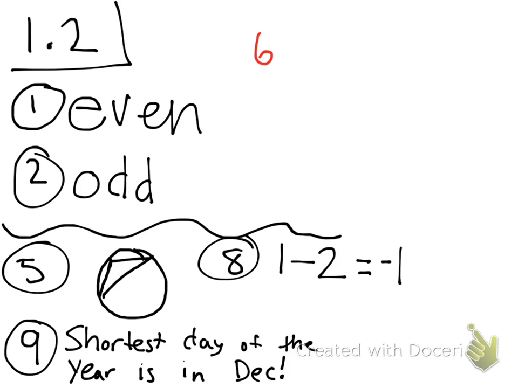Number 6 says, if the product of two numbers is an integer, then both numbers must be integers. Integers are positive and negative whole numbers, including 0. So basically not fractions and not decimals.